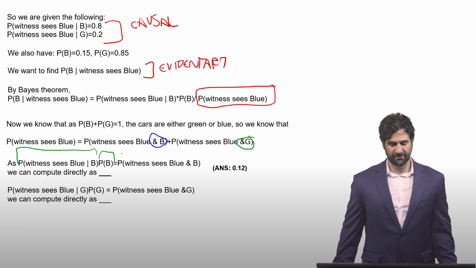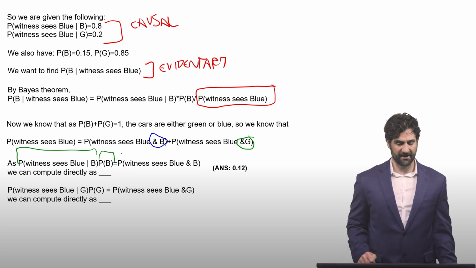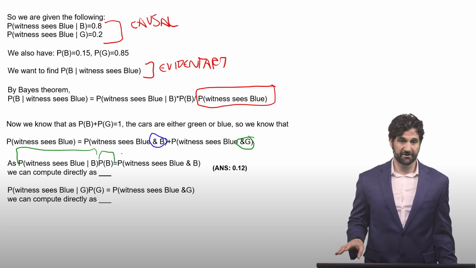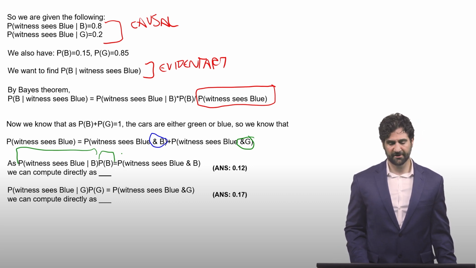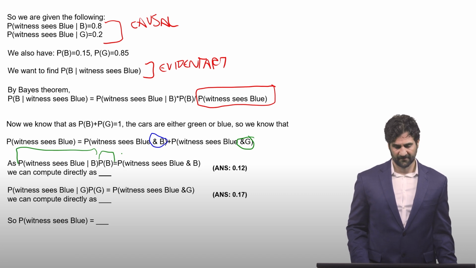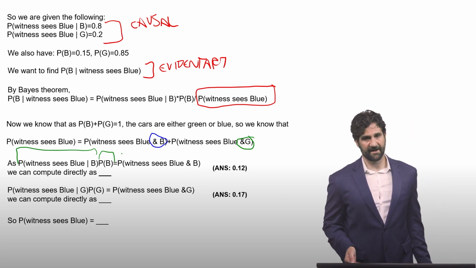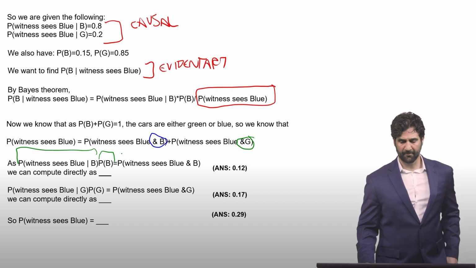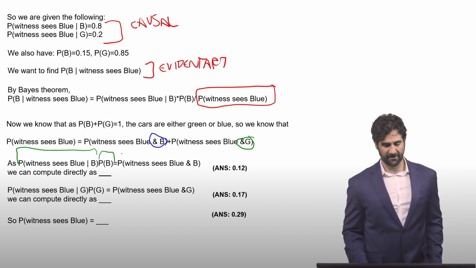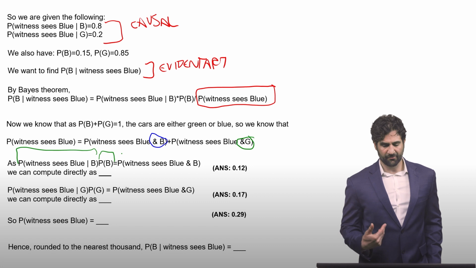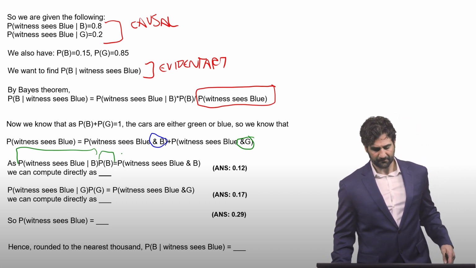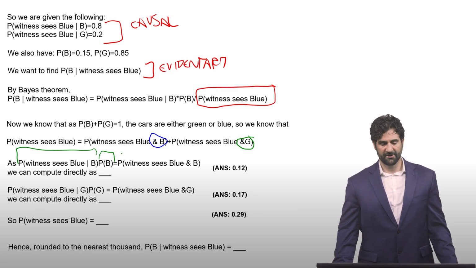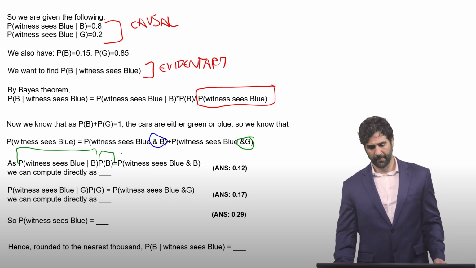Now we can do the same thing for the green side. This is the probability that the witness sees blue conditioned on green multiplied by the probability of green, and that is equal to 0.17. So we just add those two together, and we get the probability that the witness sees blue, and that's 0.29. If we round to the nearest thousandth, we can combine all these together to get the probability that it's blue given that the witness sees blue.